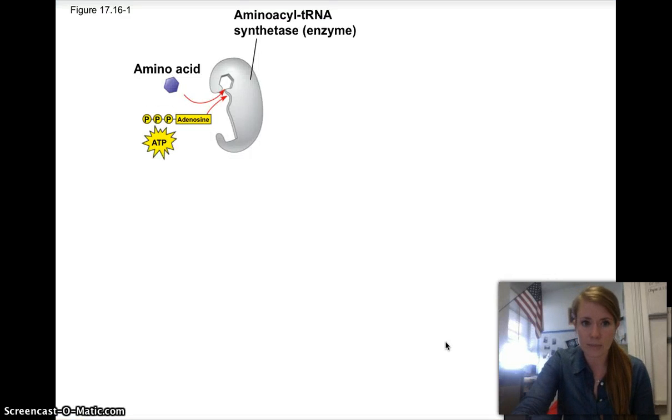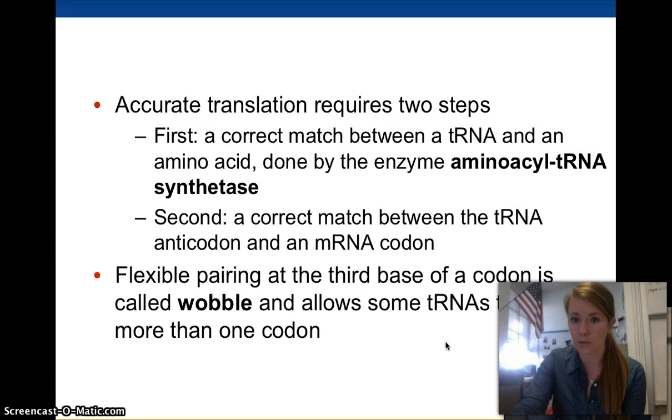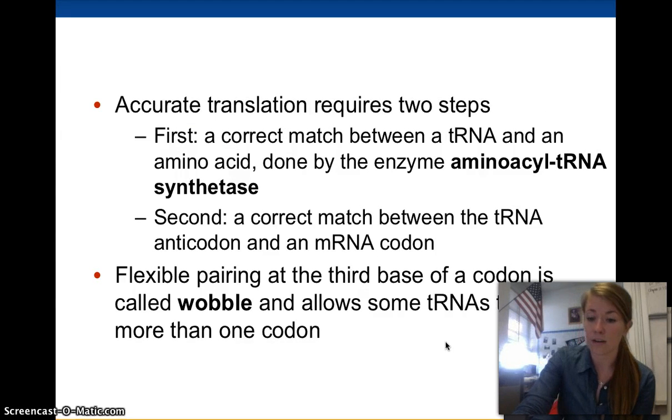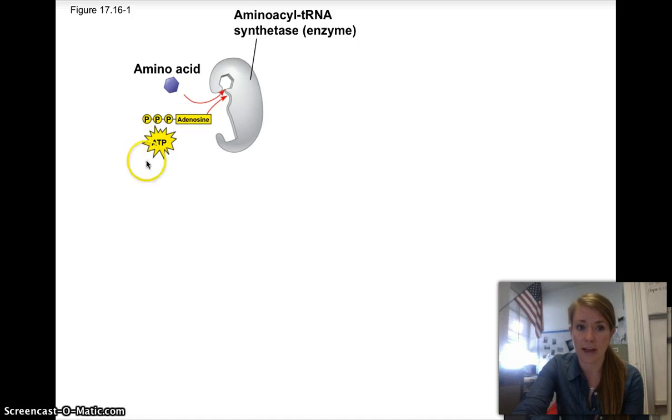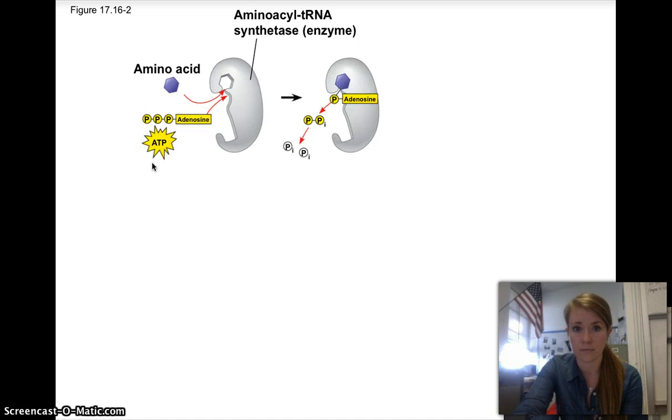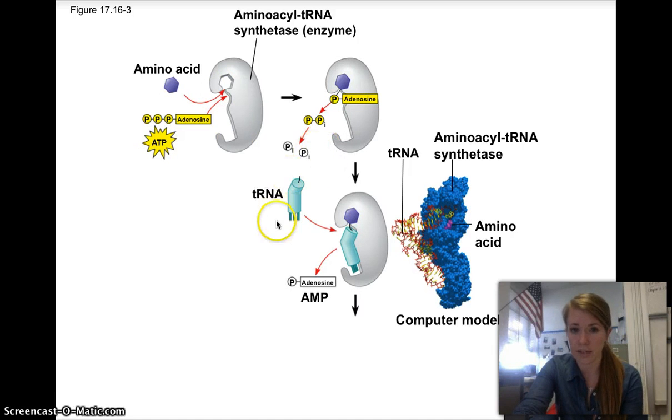And there are very specific molecules called amino-acyl tRNA synthetases that do this. Crazy name. Basically what they do is they find the correct tRNA. You don't really need to know the details of this very much. But they find the correct tRNA and the correct amino acid, and they bring them together.